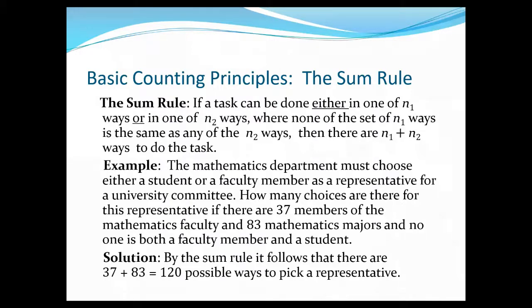It means we have 120 possible ways to determine the representative of the mathematics department. 37 is independent of 83, and 83 is independent of 37, since we have two distinct sets to represent a representative. Therefore we're just going to add all possibilities based on the given sets. So we have 120. That's the sum rule.